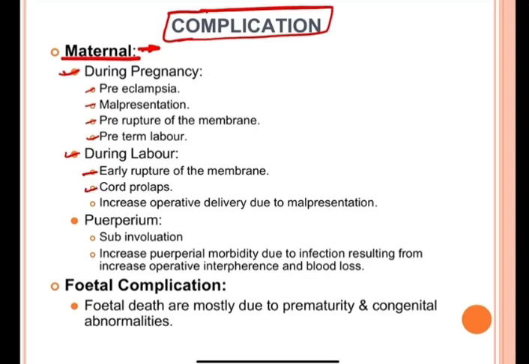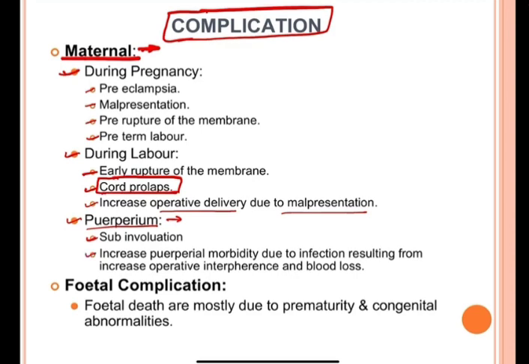Cord prolapse can occur, and it is a very dangerous complication. It can lead to intrauterine death of the baby. It increases the chance of operative delivery due to malpresentations. During puerperium, it can lead to subinvolution of the uterus because the uterus will be enlarged. There are more chances of subinvolution in polyhydramnios.